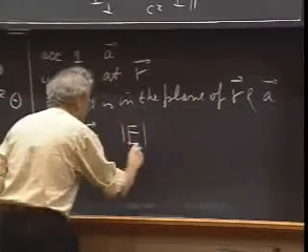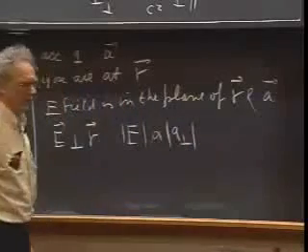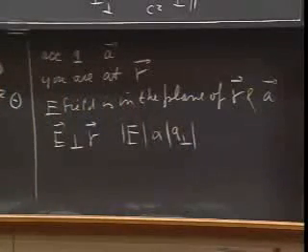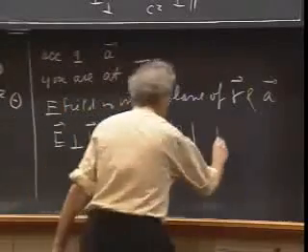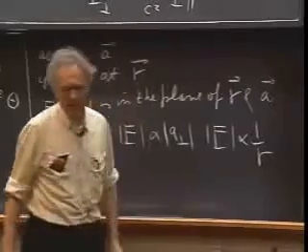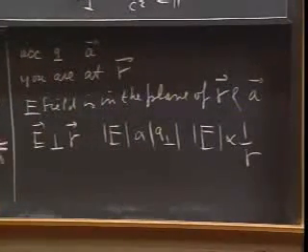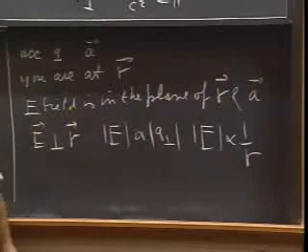The magnitude of the E vector is proportional to the magnitude of A perpendicular, and the magnitude of E is proportional to 1 over R. If Q is positive, then E is in the direction minus A perpendicular.